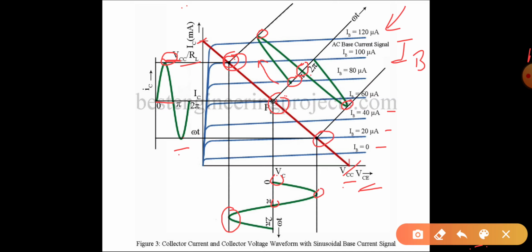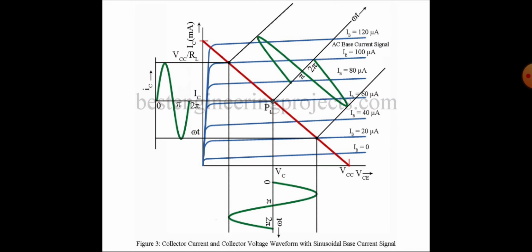So this will be your output voltage. So you can see, with the increasing base current there will be increase in collector current and decrease in output voltage, and with the decrease in base current, that is input current, there will be decrease in collector current, hence your output will be increased.